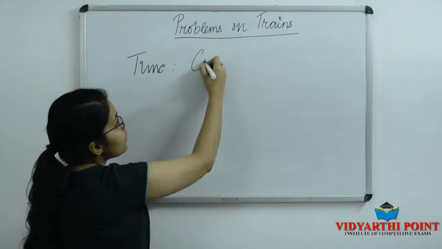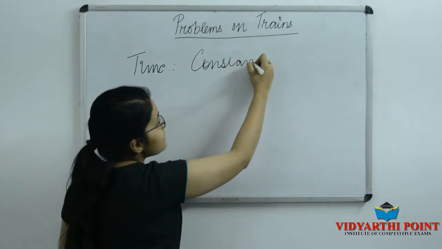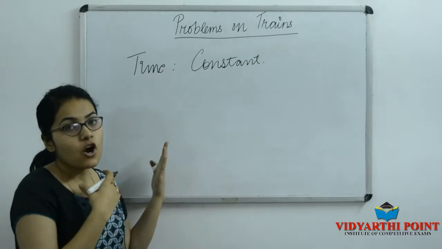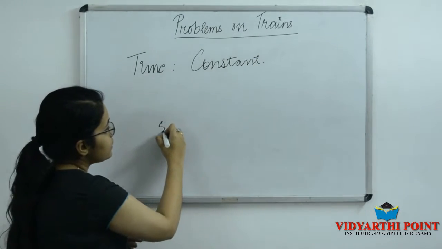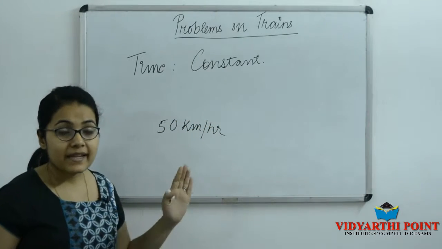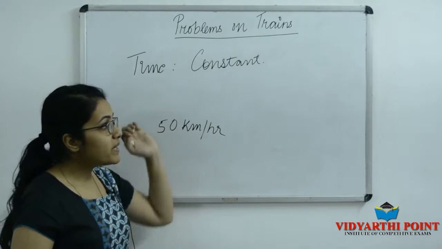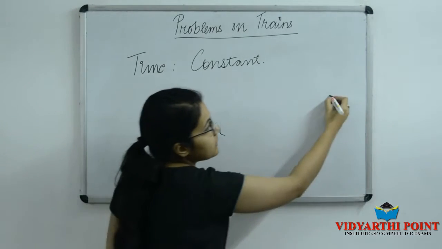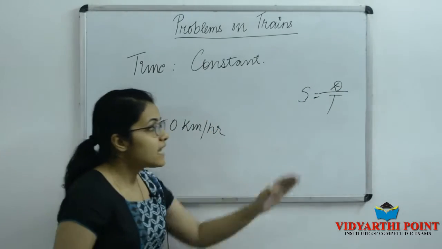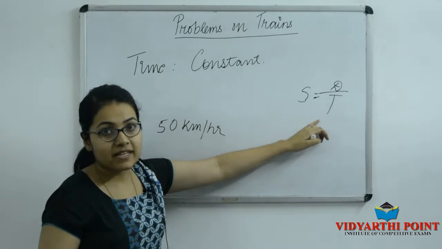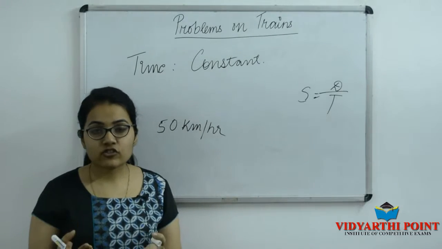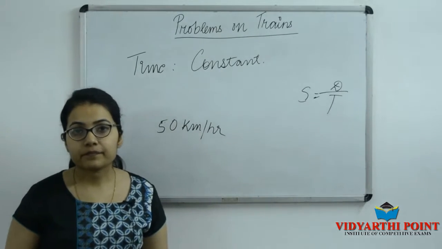Time is always constant. The time will be given in the question and taken in the formula S equals d by t. We neither need to add any extra time nor subtract it.